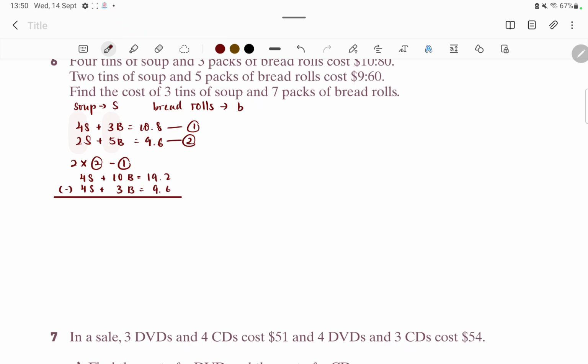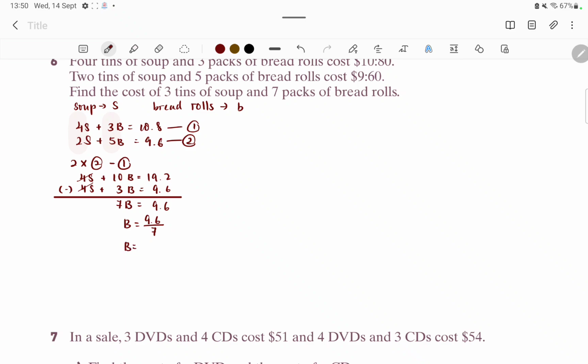After that, 4s minus 4s cancel out each other. 10b minus 3b, you get 7b. And then 19.2 minus 9.6, you should get 9.6. Okay, and then b is 9.6 over 7.